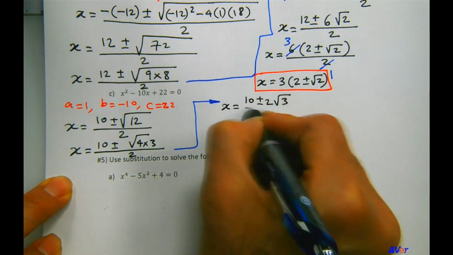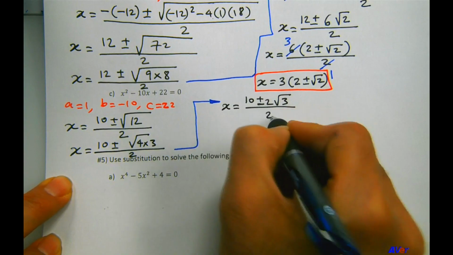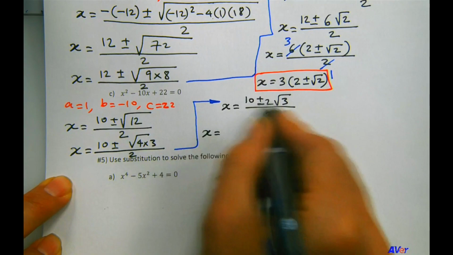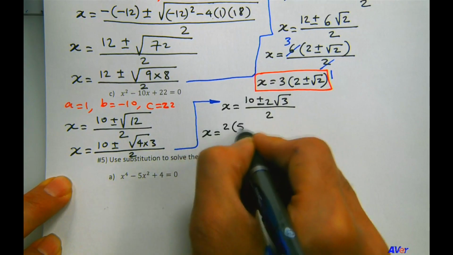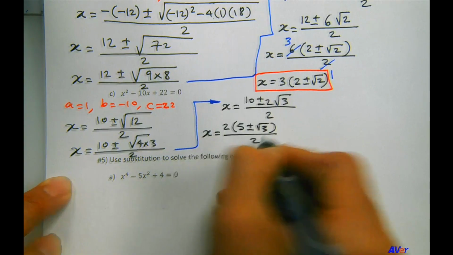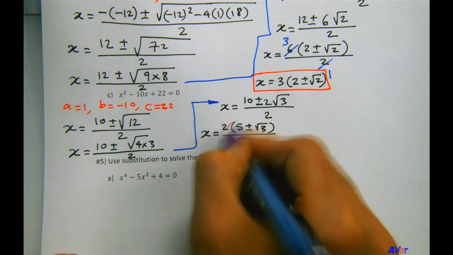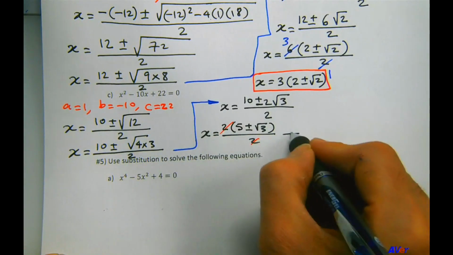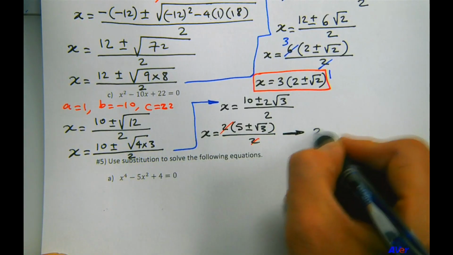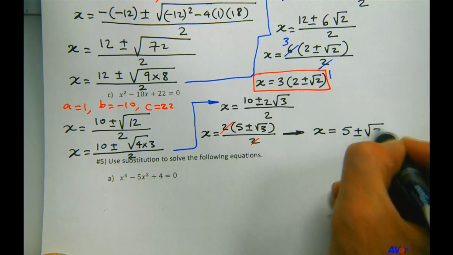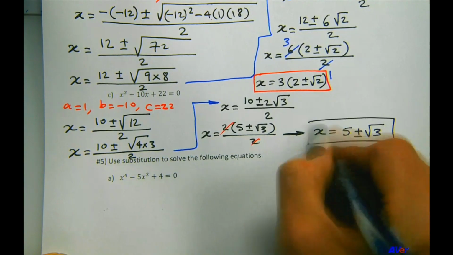So we have 2 square root of 3 over 2. Then 2 can be factored out from the numerator. We have 5 plus or minus square root of 3 over 2. Then we can cancel out the 2's. We end up with x equals 5 plus or minus square root of 3. Like that.